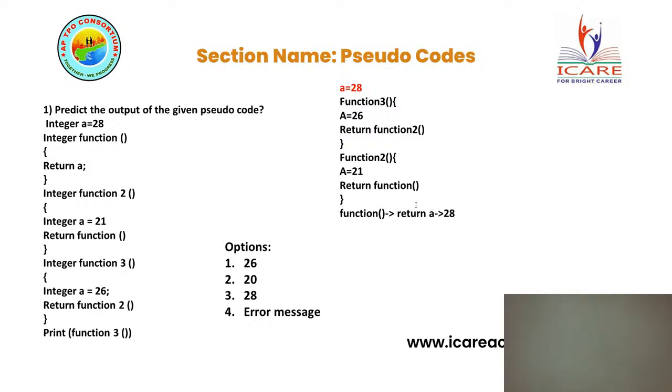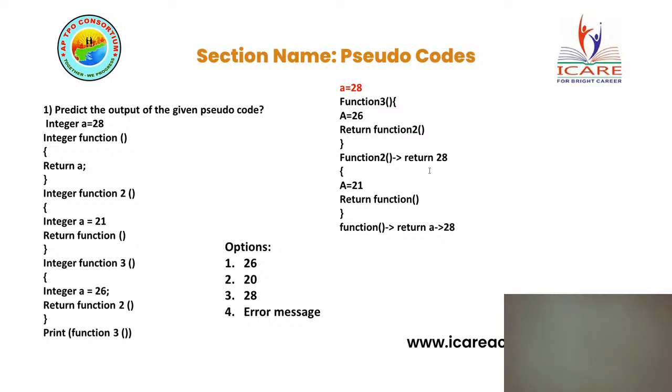Whenever function 2 is called, the return value of function 2 is the return function. What is the value we get? Return a, 28. So again it is returning 28. Whenever we call function 2, it returns the value 28.